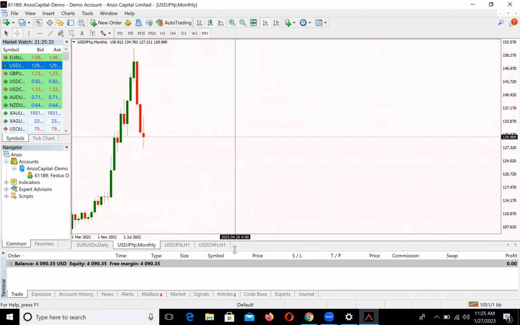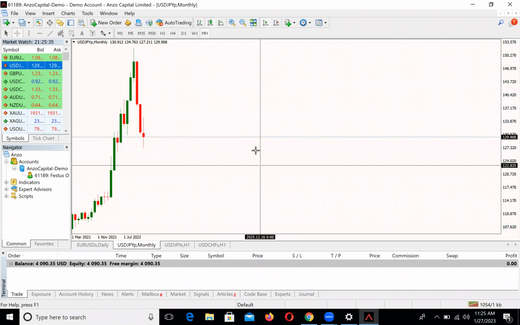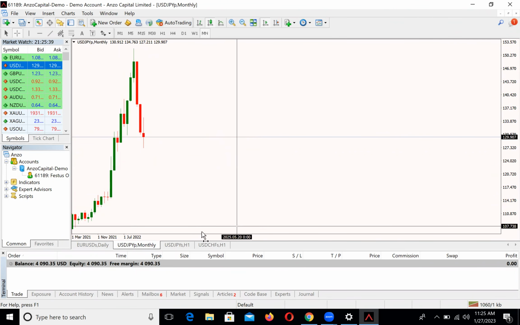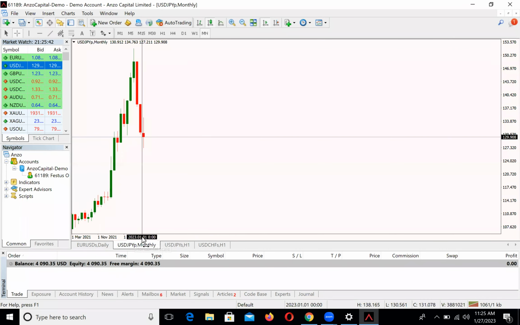The vertical line is telling you the date. Let's place it on this candle. It will give us the date of the candle. As you can see here, it shows 1st of January 2023. If you place it on the next candle, you see that this is November. This is December candle.